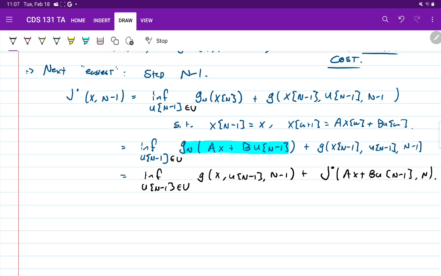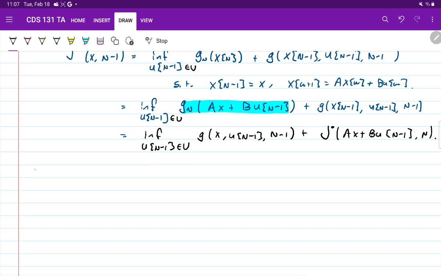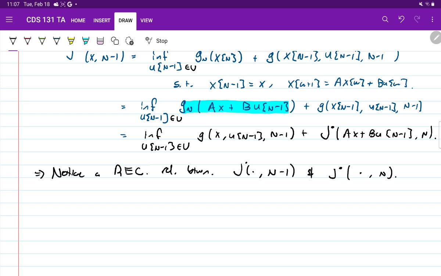Okay? So what do we notice from this? One is we notice a recursive relationship between j at n minus 1 and j star at n, right? They kind of appear on both sides, one with the dynamics plugged in. And that's kind of interesting.